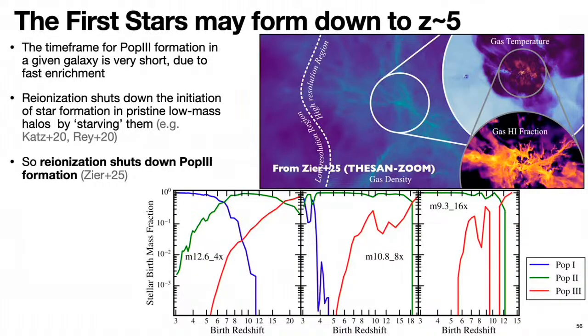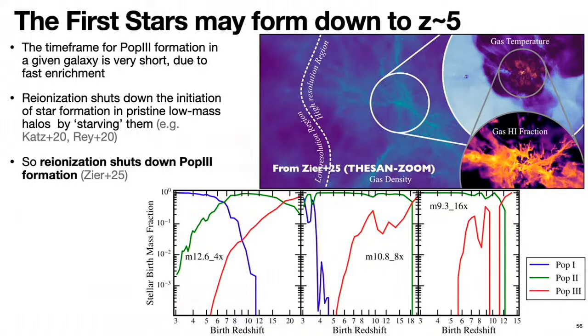There have also been predictions from cosmological reionization simulations to tell where we would expect the last Population 3 stars to form. People tend to find that this is at the epoch of reionization, towards the end of reionization, and even at a bit lower redshifts than that, although they find here that they stop forming at redshift 5. This is from the Thickened zoom simulations, a cosmological zoom simulation of an environment around a galaxy cluster.